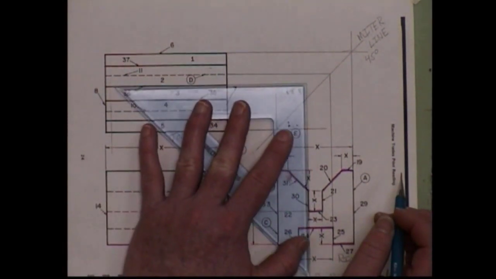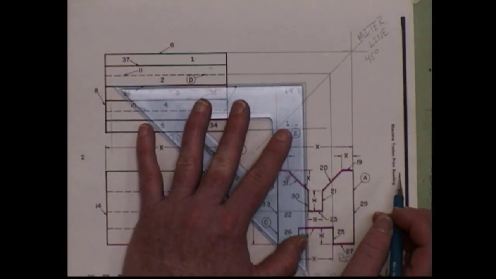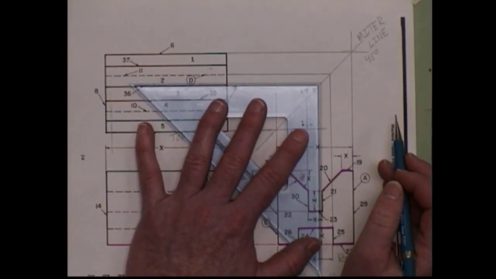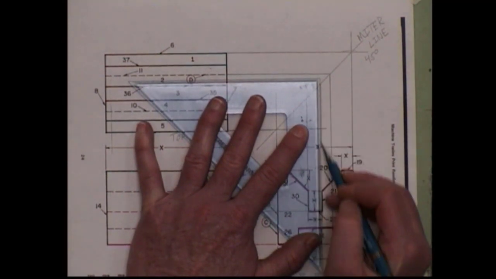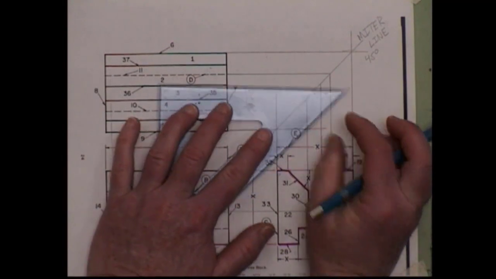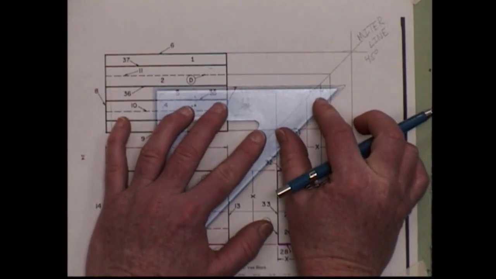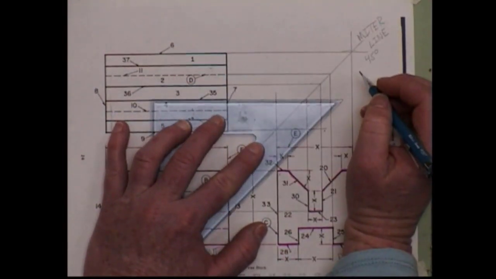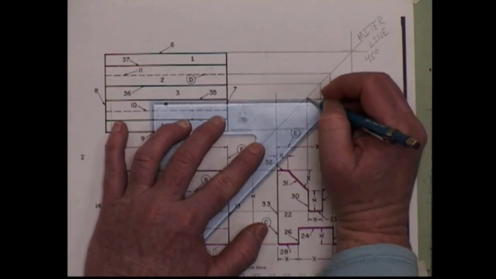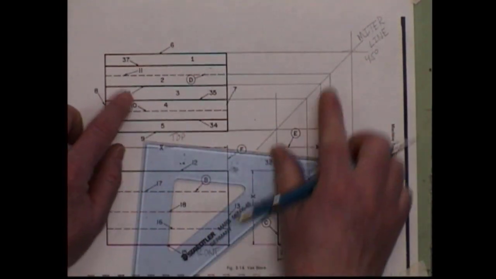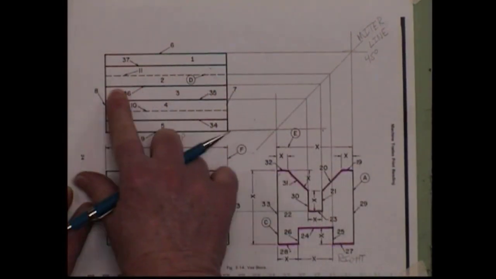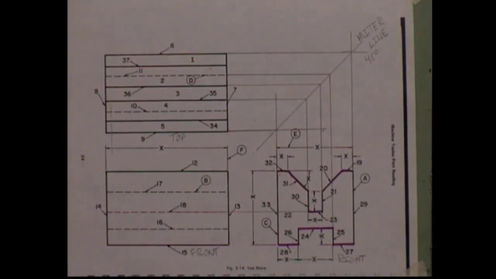So if I brought that up to my miter line here and brought it over, I would see that that line 18 in the front view is actually depicting this surface 3 in the top view. So I had to go over, see this, and go up, and I see that it's surface 3 in the top view.